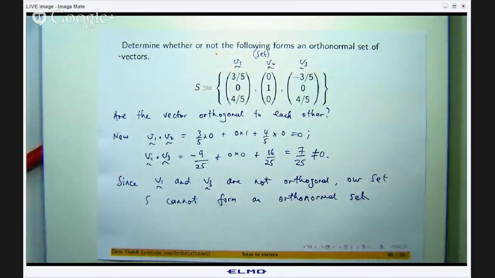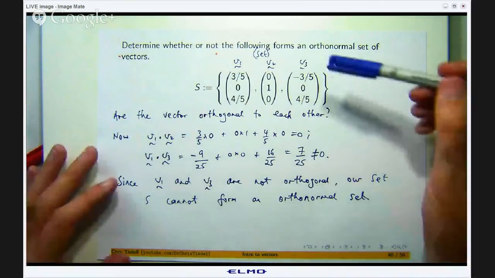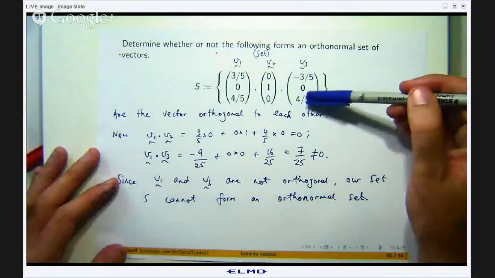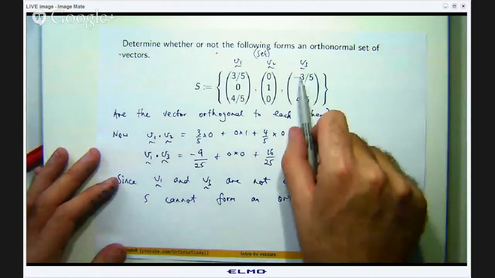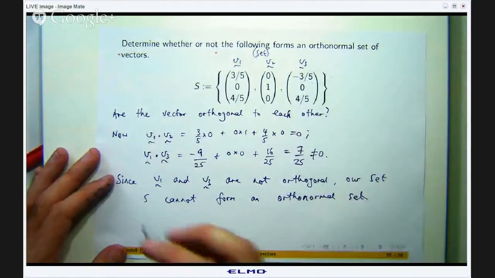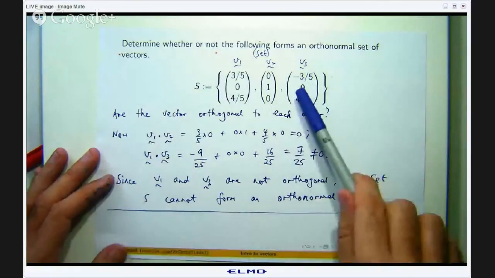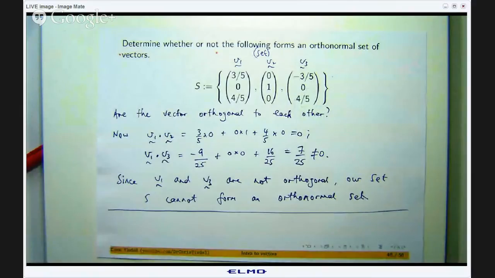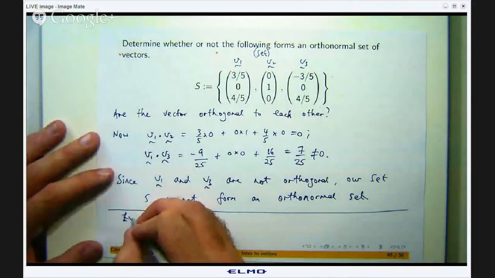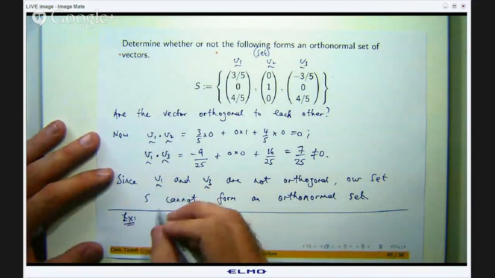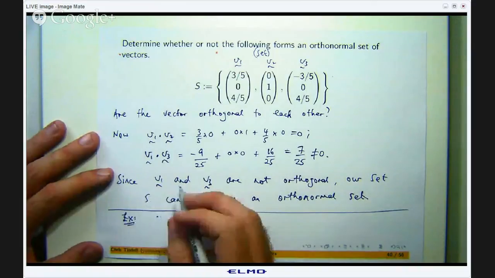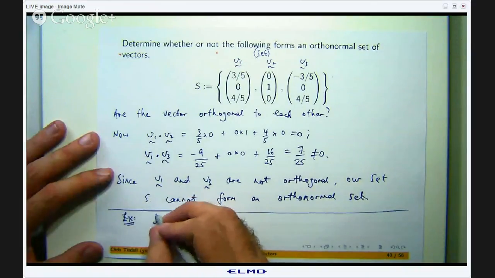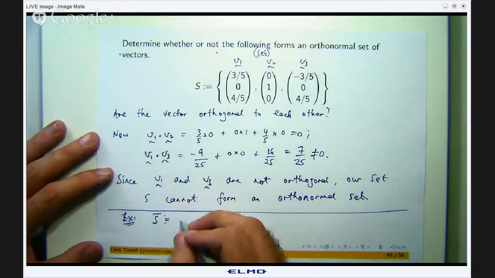Okay? Now, if these two components were switched around, let's say I had a negative 4 on 5 up there, and a 3 on 5 down here, would that form an orthonormal set? So I'm going to give you an exercise to do. Let, I don't know, S bar be the following.